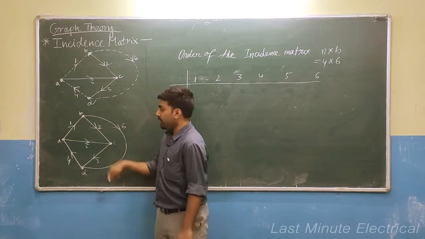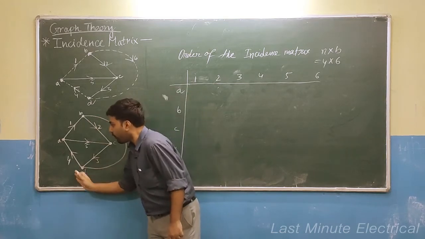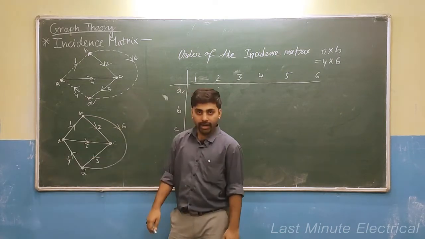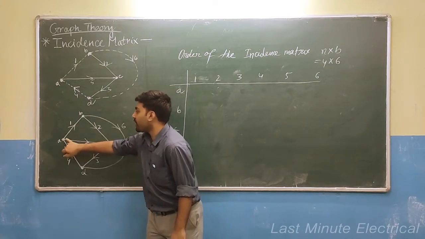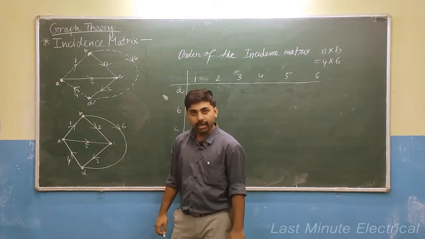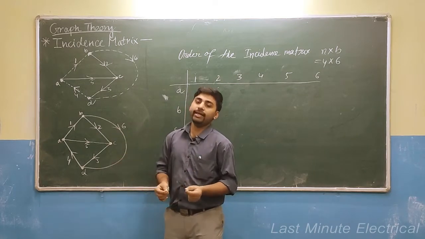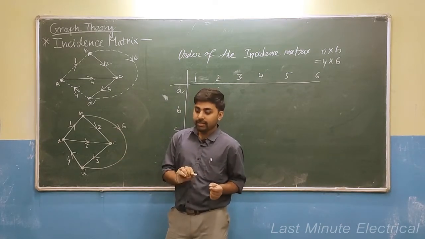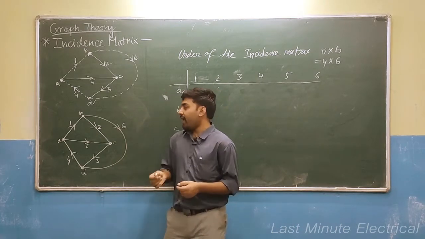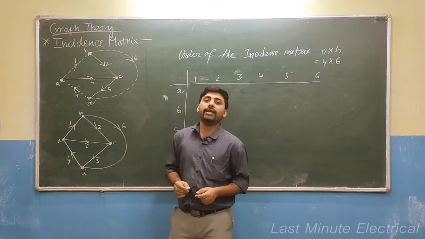You can clearly see branch 1 and branch 5 are going outward, and branch 4 is incoming to node A. So if a branch is outgoing from any node, you will take it as 1. If any branch is incoming to a particular node, you will take it as -1, and if any branch is not at all associated with a node, then you have to take it as 0.